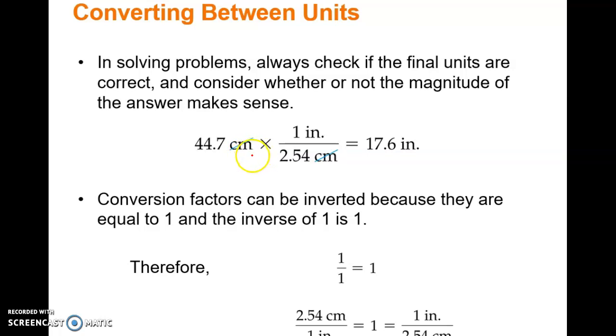So I have to organize my conversion factor so that my centimeters, since they're on the top here, are on the bottom. That will make them cancel. And then I simply take 44.7 divided by 2.54, and I end up with 17.6 in the unit of inches, because that was what was on top and what was left over, and that is the unit that I want.